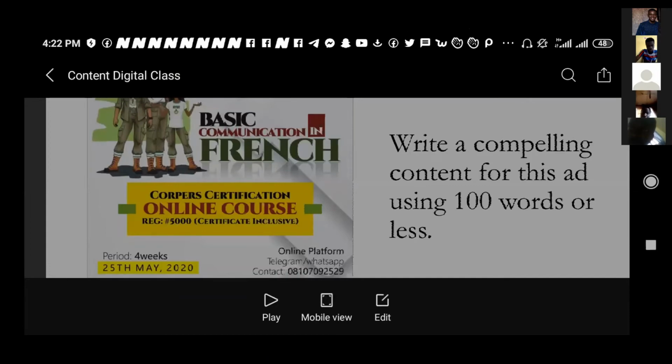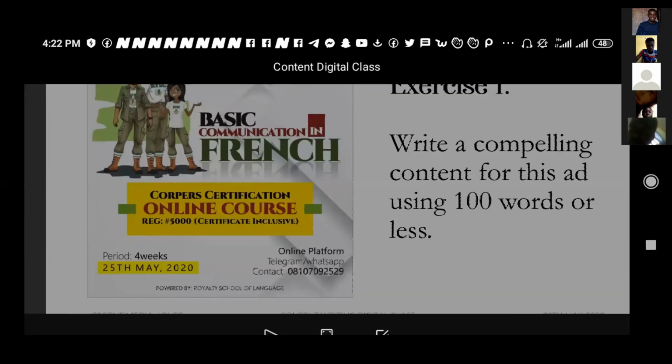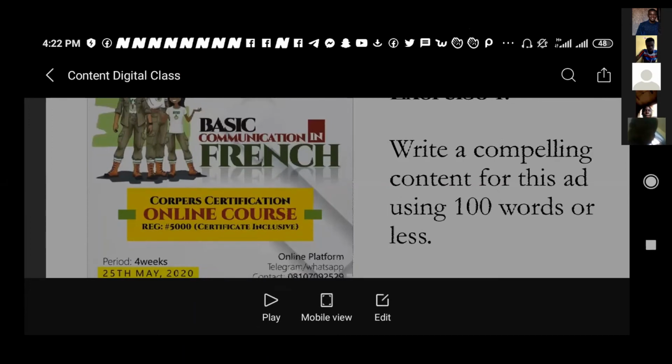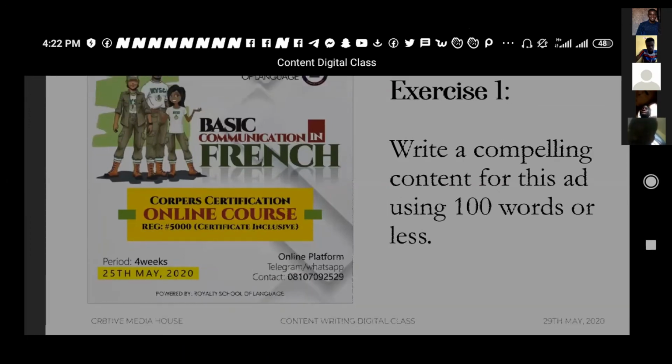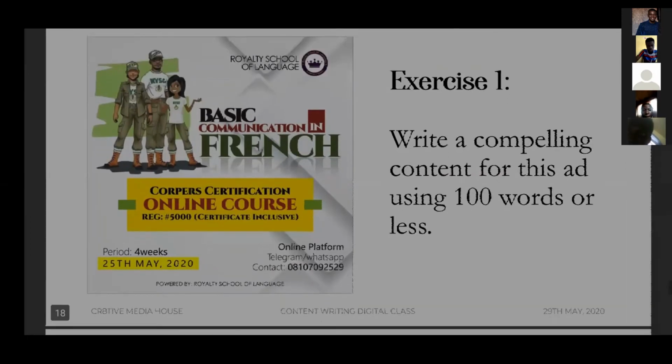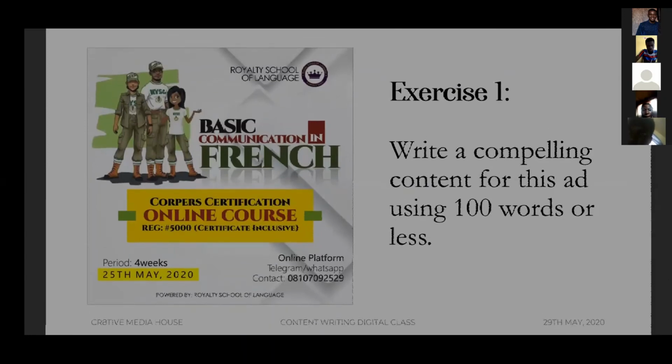I want to suggest that you take a screenshot of it, so that in your spare time, everyone can take the screenshot and follow up with the exercise. So this might not come in today, of course.